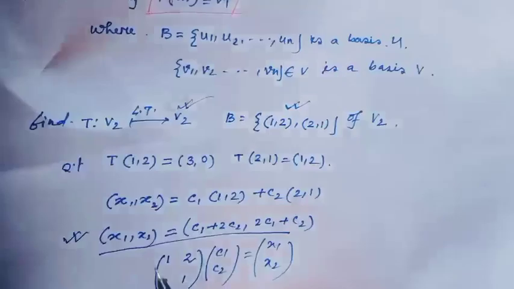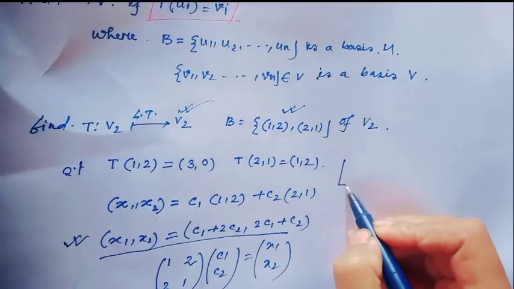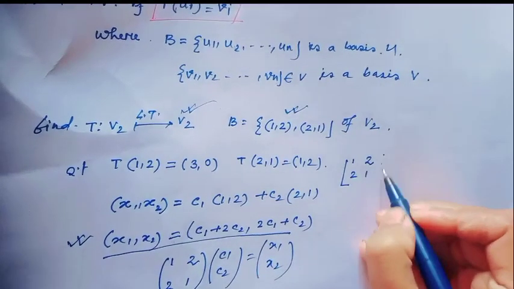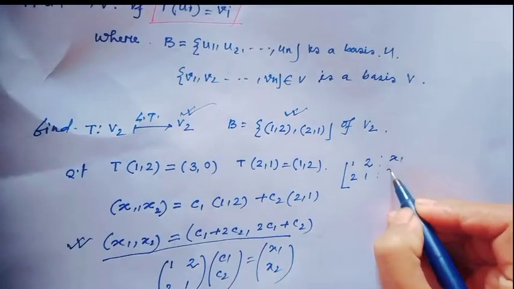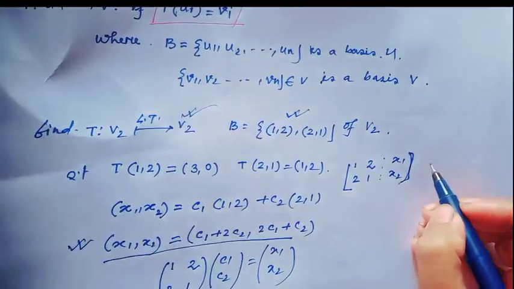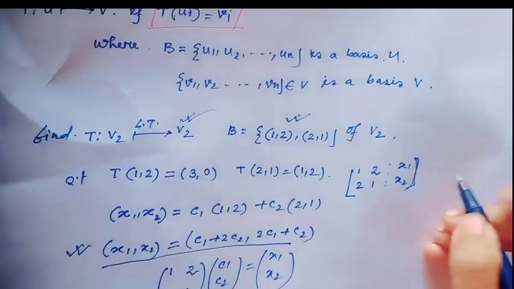Since this is a system of linear equations, we can write the augmented matrix [1 2; 2 1] with x1, x2. Then we have to find the values of c1 and c2.